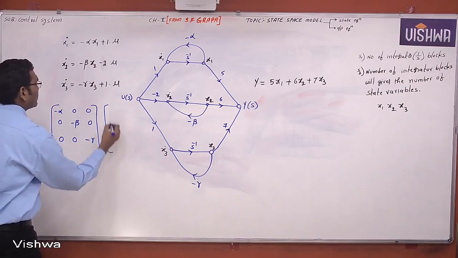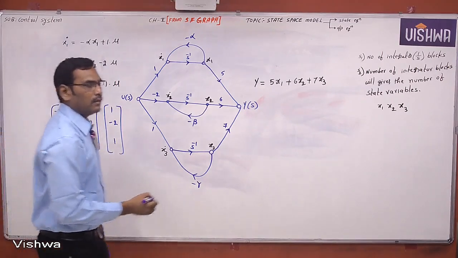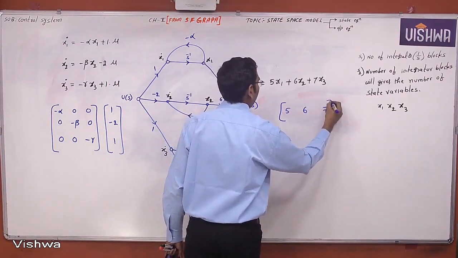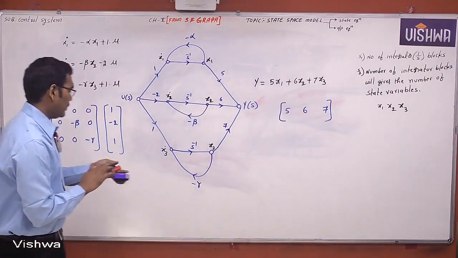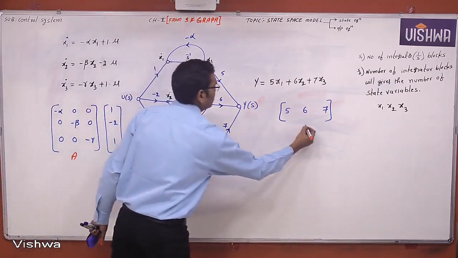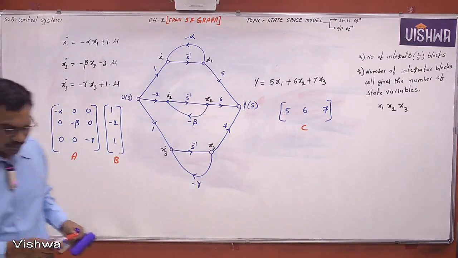What is the B matrix? 1, minus 2, 1. Now what is the C matrix? 5, 6, 7. This is the A matrix, this is the B matrix, this is the C matrix. Note down.